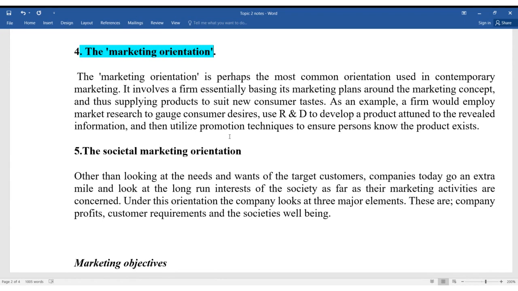Thirdly is to ensure customer satisfaction with its offerings. Fourth is to design programs that include all the marketing mix.